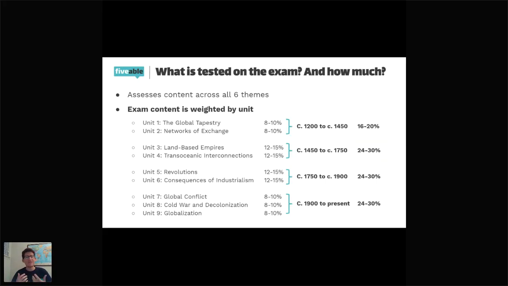I told you it's a test of skills and learning objectives, and ideally, if you know a trend that occurs in one area of the world, you will also be able to identify that trend in another. But to be fair to all the periods that are covered in this AP World History Modern course from 1200 to the present, each time period is weighted a little differently.